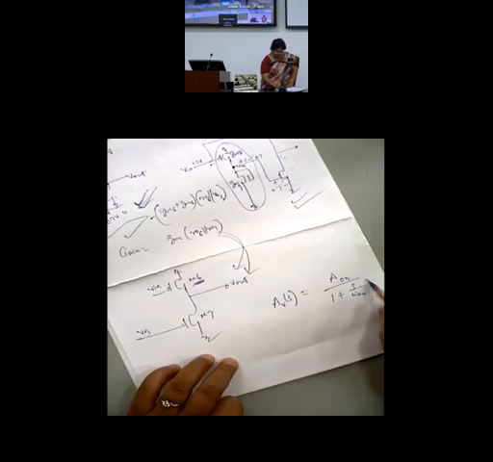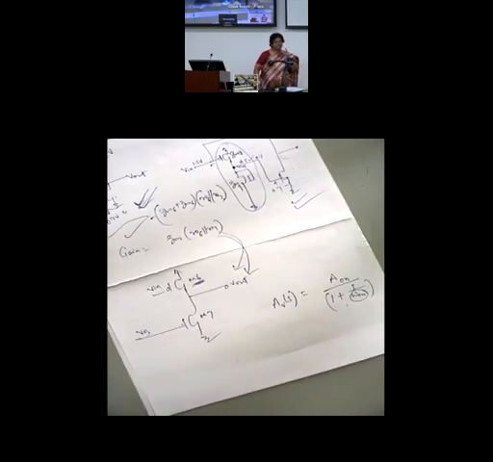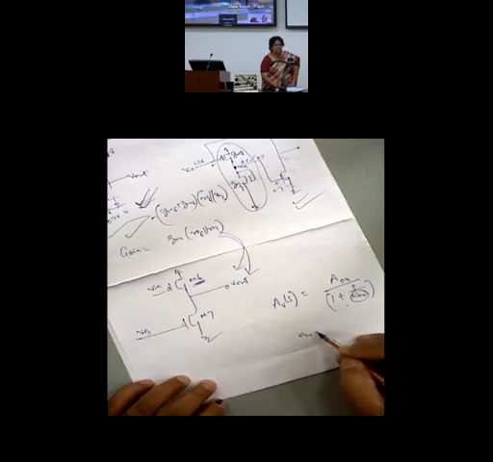What is omega naught n? It is the overall net 3 dB frequency of the n series cascade, where this omega naught n will be composed of omega naught for the first stage, omega naught for the second stage, omega naught for the third stage. It will have some combination of all of them together.